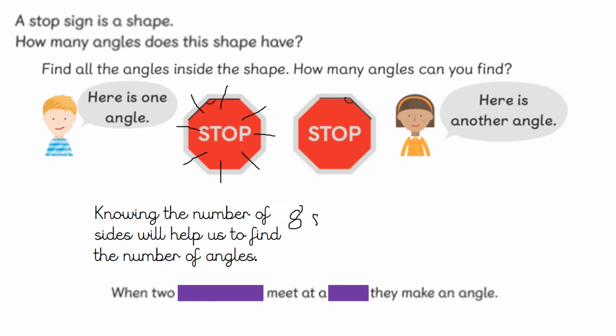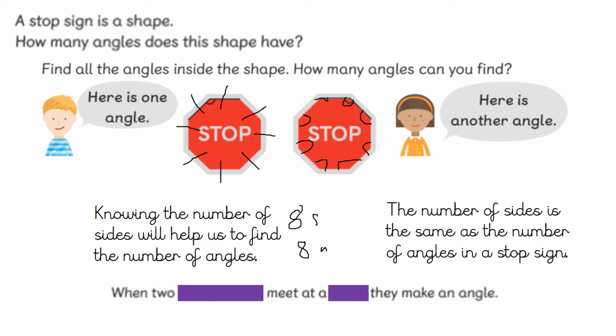Let's count. 1, 2, 3, 4, 5, 6, 7, 8. So a stop sign has 8 sides and 8 angles. We know that the number of sides is the same as the number of angles in a stop sign.